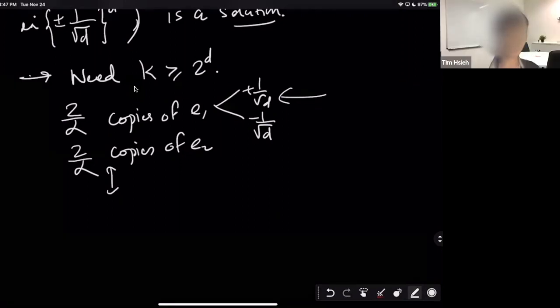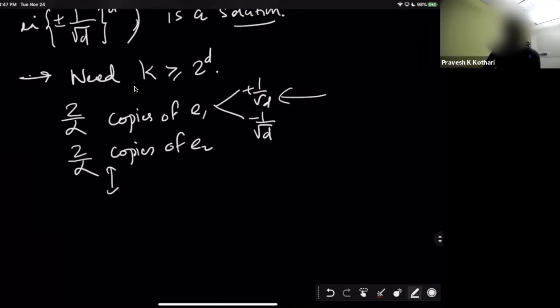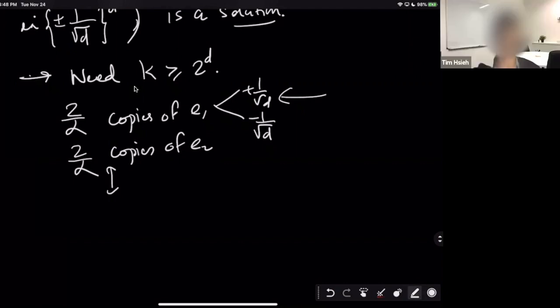Because there are 2 over alpha copies, but half of them, 1 over alpha of them, will be identical. Oh yeah, you're right. I guess I am proving half, so it's even better. Yes, you're absolutely right. Every Boolean vector satisfies half of the equations I have. In particular, if alpha is strictly less than half, then I can construct a soluble set for every Boolean vector.